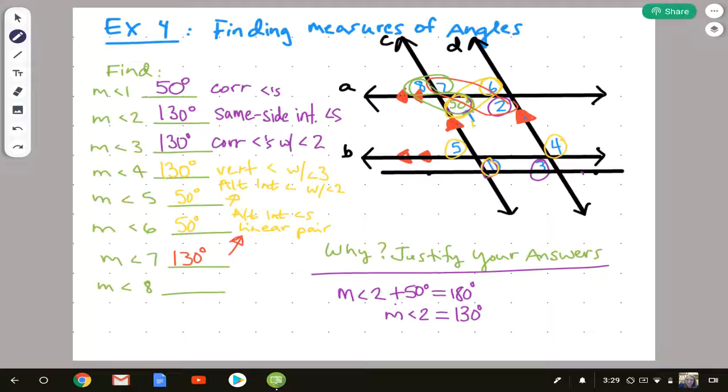So either way I think of it, that has to be 50 degrees. So this is either vertical angles or the linear pair. Okay. So sometimes you're going to have these pictures and you're going to have to go through one by one until you find all of the angle measures.